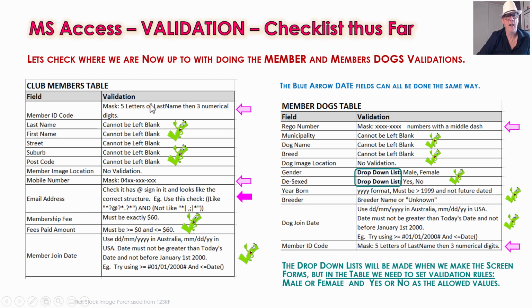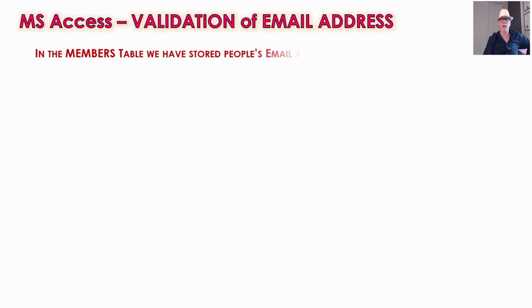So the same rule we set up here for masking will be the same one we just copy and paste in here, so that'll be easy. We need to set up the mobile phone number, which is a mask, and we need this big long validation rule for email. And I think we're also going to squeeze in doing postcode as well. So look, we're more than halfway there, just a bit more to do in the home stretch.